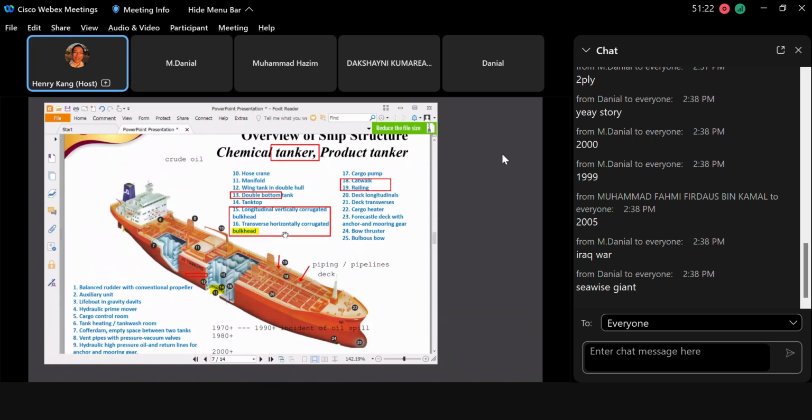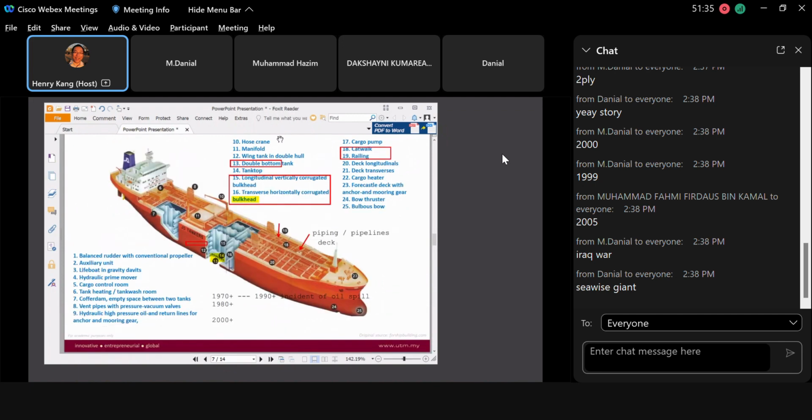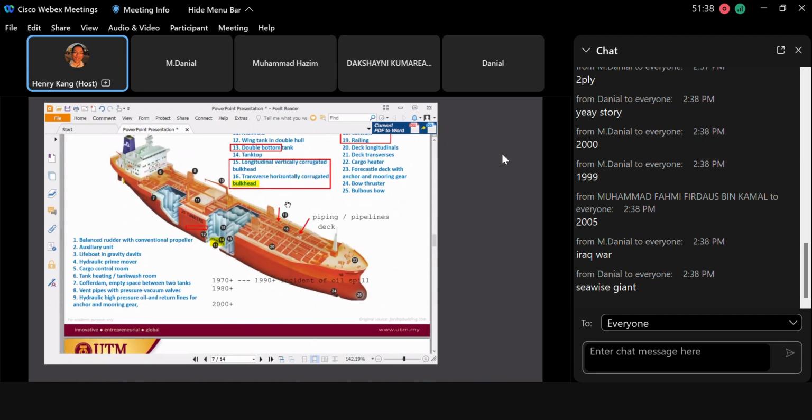So until recently it has not become a very common issue, oil spill from tankers. That could be an improvement of the shipbuilding industry when converting the tanker structure from single hull to double bottom hull.